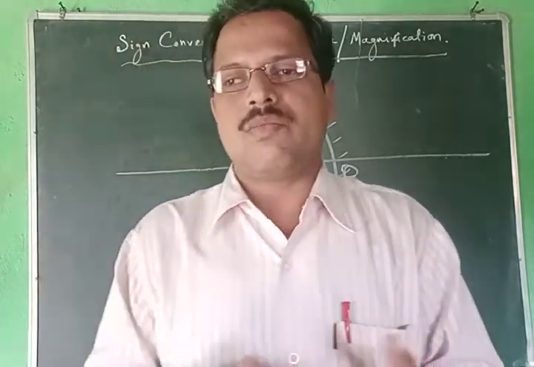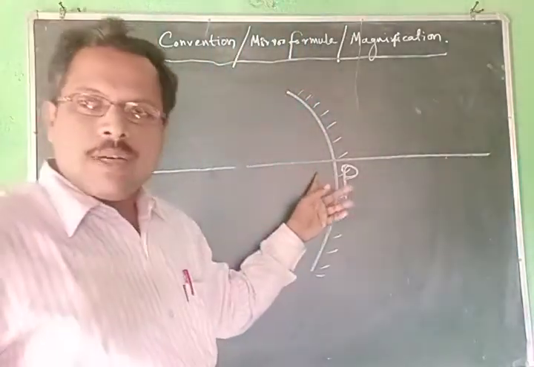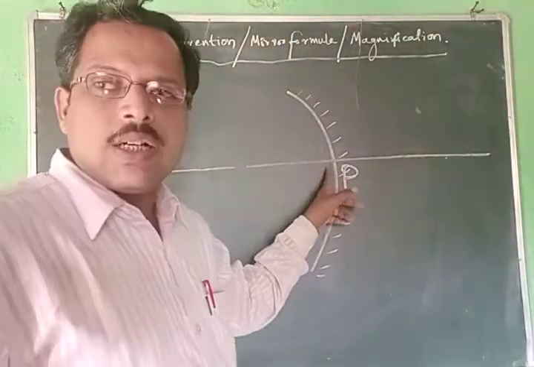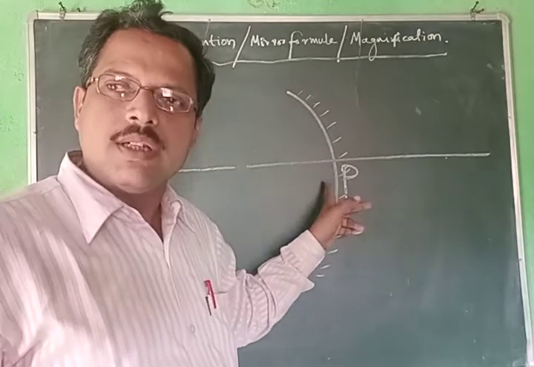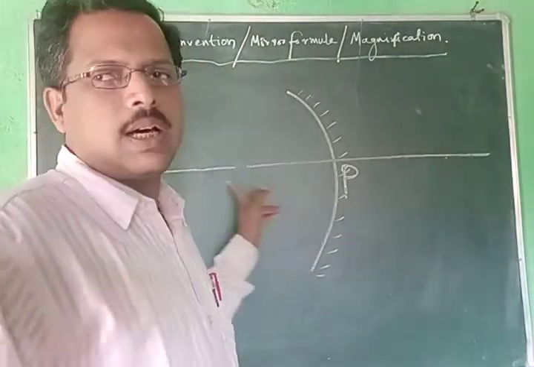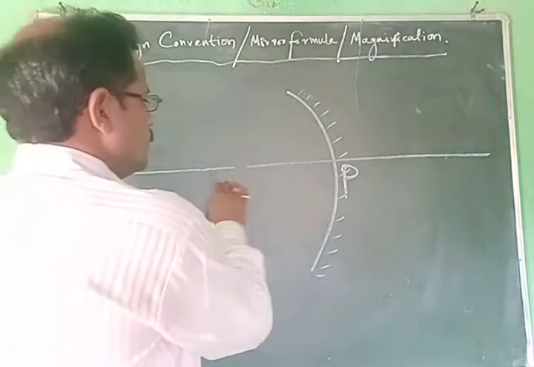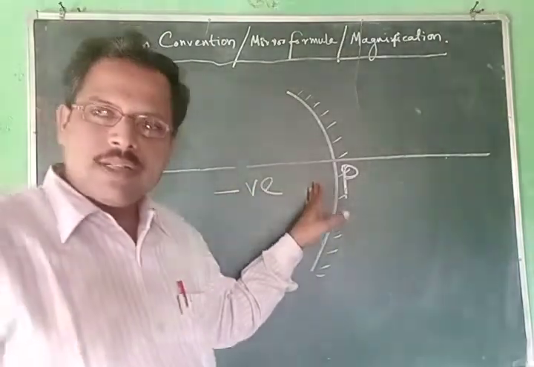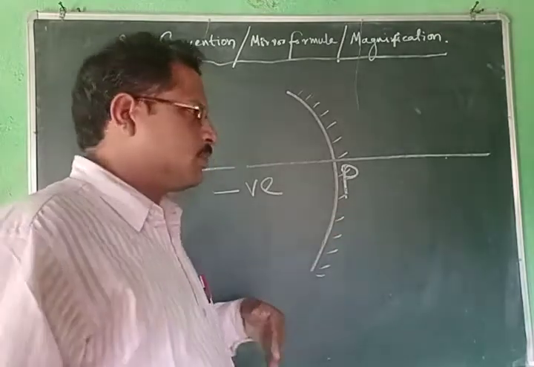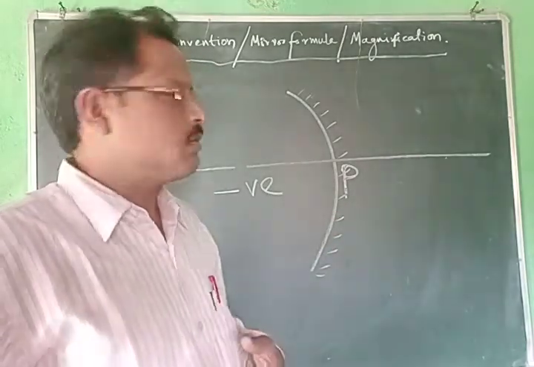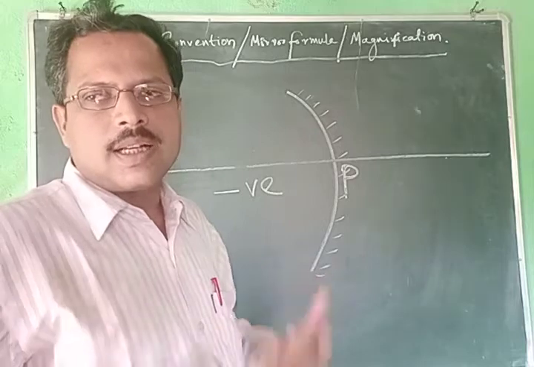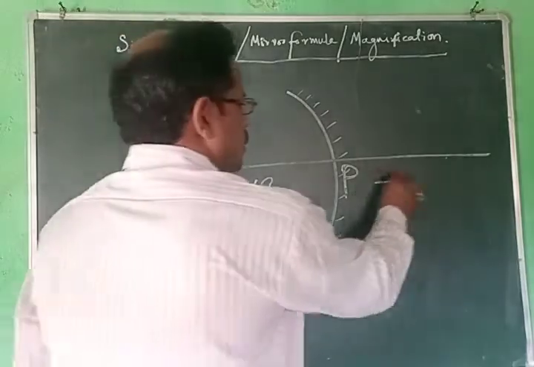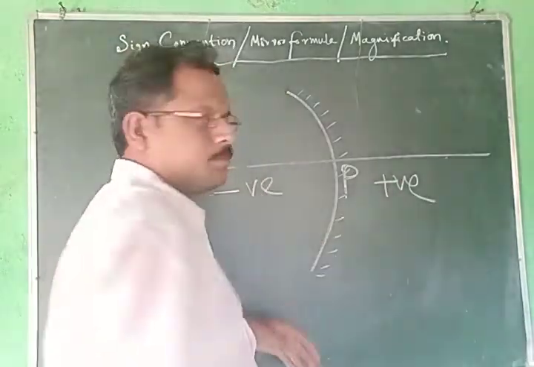Or else, we say measurements towards the left side of the pole are taken as negative. And measurements on the right side of the pole on the principal axis, or on the mirror, are taken as positive.